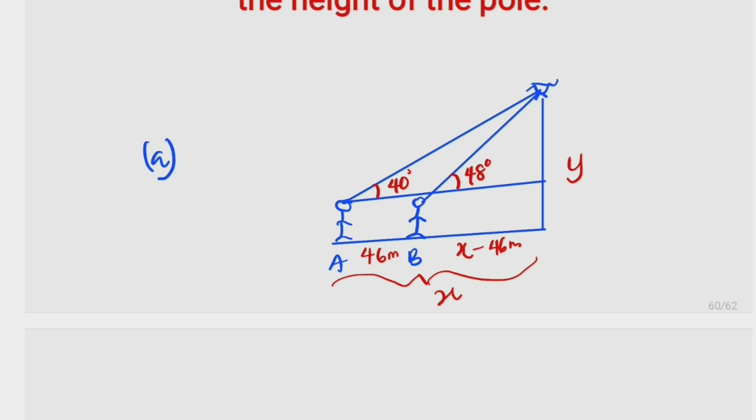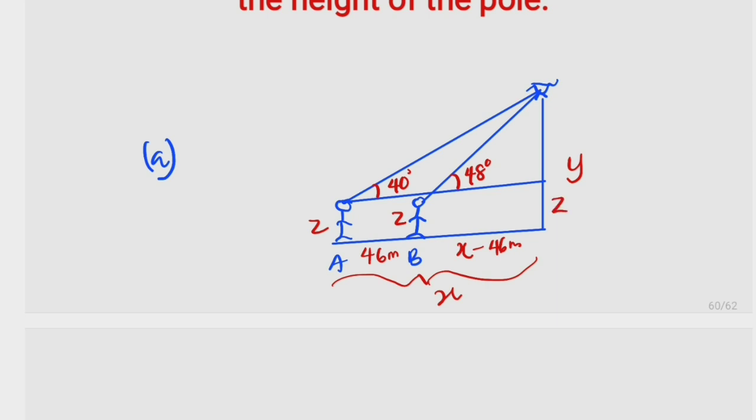So let me tell you the problem with this question. The question did not state the height of Abu and Babu. Secondly, we don't know whether they are of equal height or not. If you consider their height, you have to add it to the height of the pole. Suppose they have equal height, let's call it z.